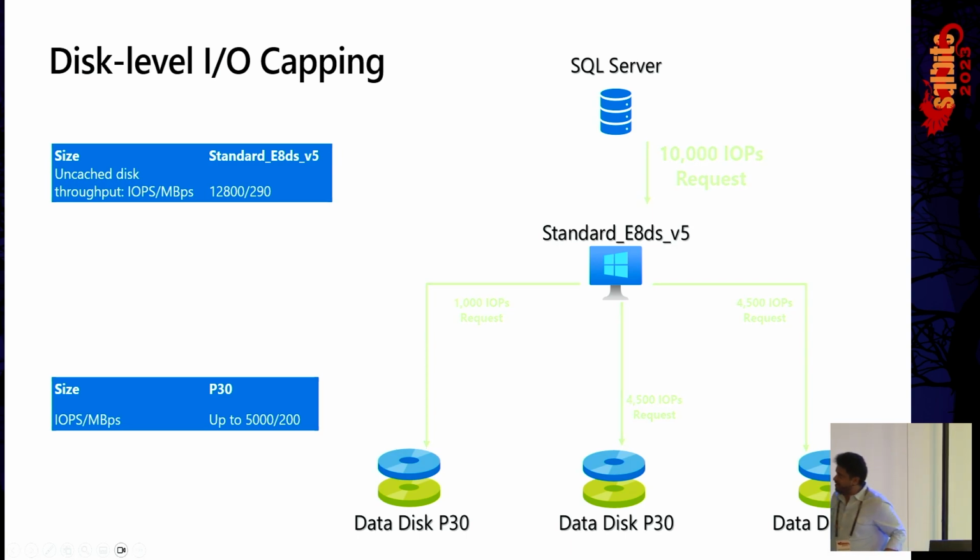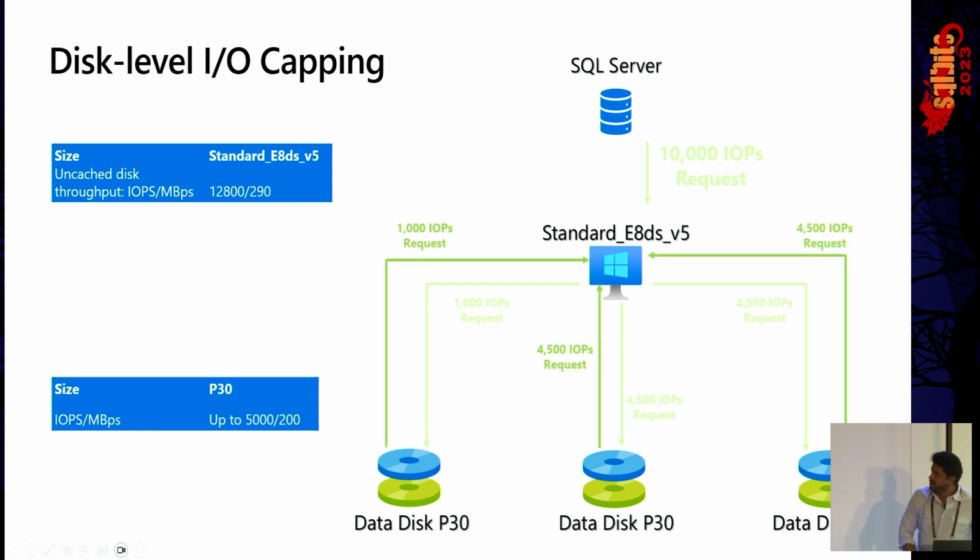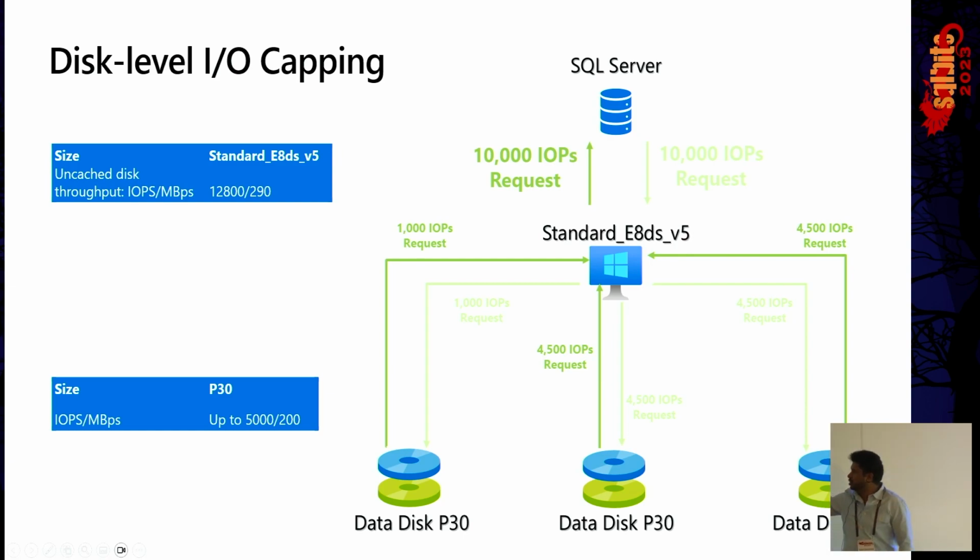Because each and every P30 disk can go up to 5,000, I can get the 10,000 IOPS back to my SQL Server. You asked for a 4,500 IOPS request, but the capacity of this disk is 5,000, so I get the 4,500 back.